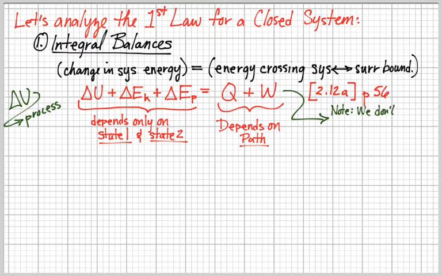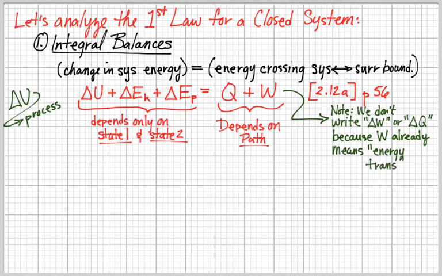Now, the note that I've got here is we're not writing a delta W or a delta Q. It's just not the standard way of doing this because the term such as work W already means energy transform. So it's already embedded into the meaning. Whereas on the left side, the change in state functions, we always put a delta in front of them. So that's a conventional way of writing these in the integral form.